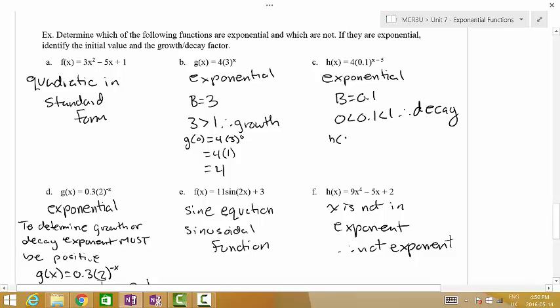For c, again, we're going to set x equal to 0. We have 0.1 to the negative 5. 0.1 to the negative 5 is 100,000. Then times 4 gives us 400,000.